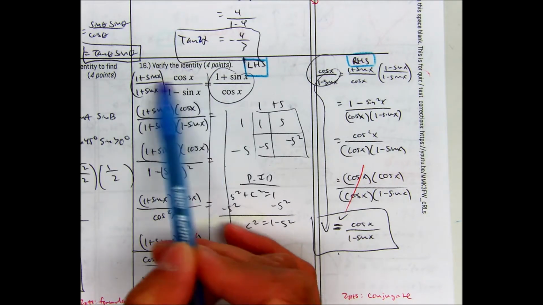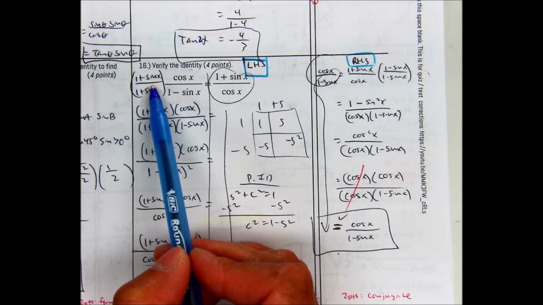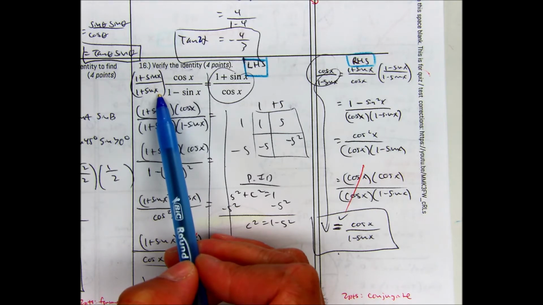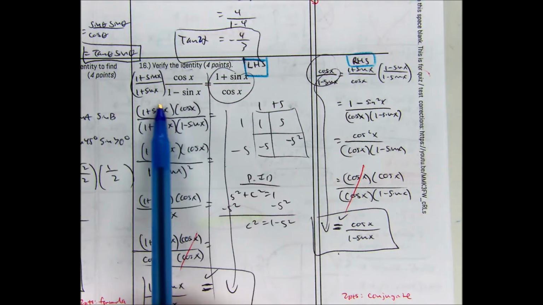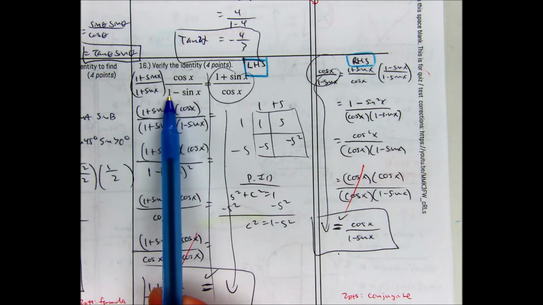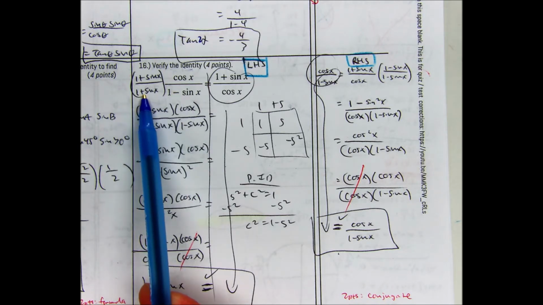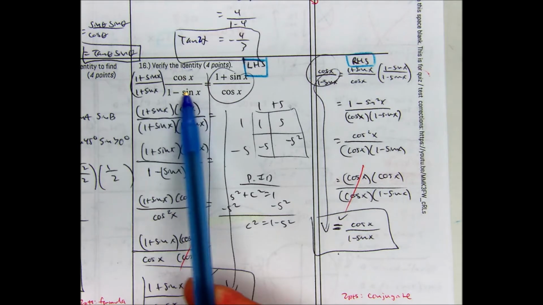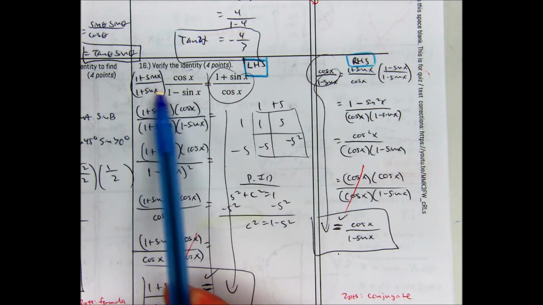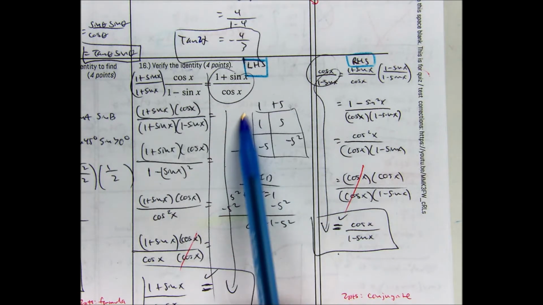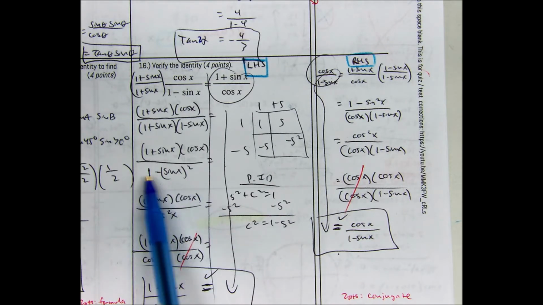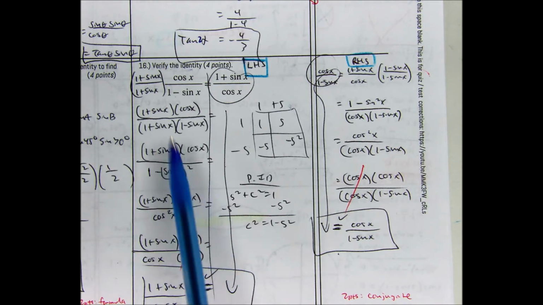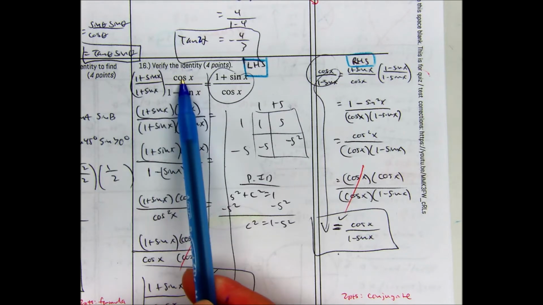This is where I multiply by the conjugate. The conjugate is 1 plus sine x. When you multiply these two, this is a difference of squares. This is where you would get 1 minus sine squared x. Here, don't distribute, but you can.